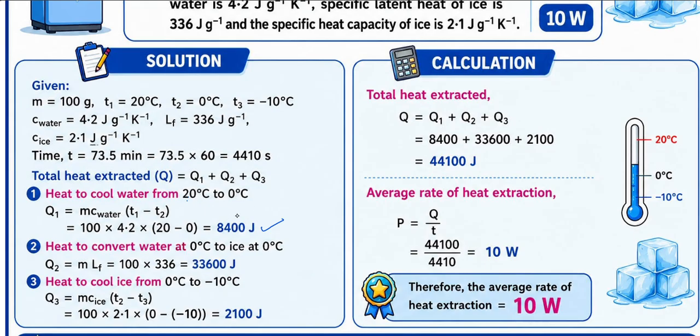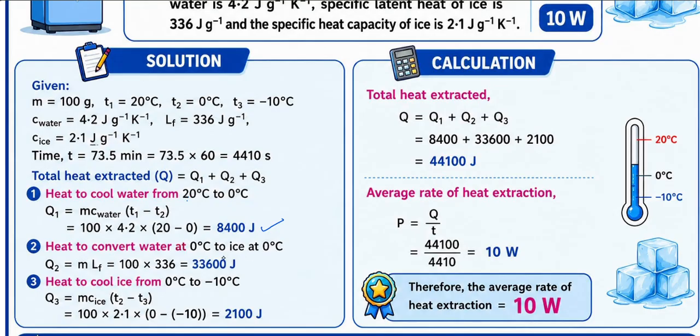Now water is cooled and it is at 0 degrees Celsius. Now there is conversion of the liquid state of water to the solid state of ice, and this process happens at the same temperature. So this is the heat to convert water at 0 degrees Celsius to ice at 0 degrees Celsius, the heat extracted during conversion from liquid to solid at the same temperature.